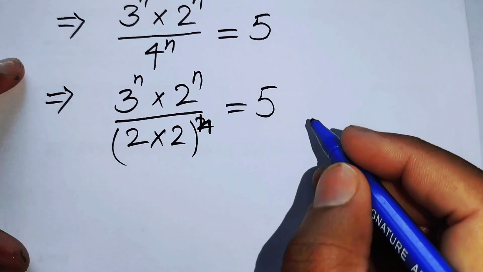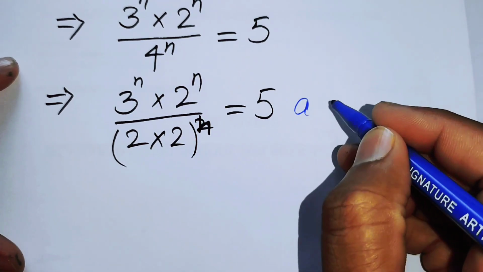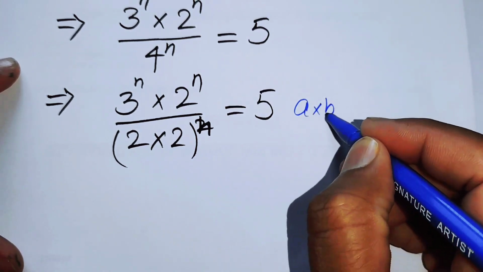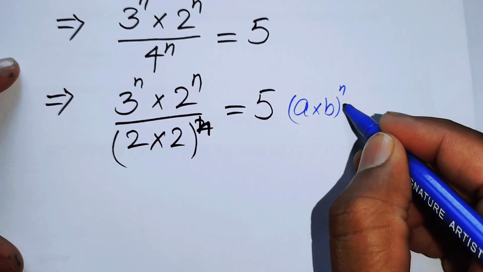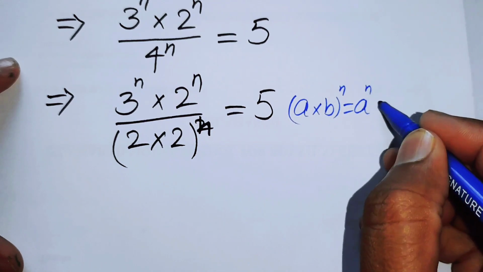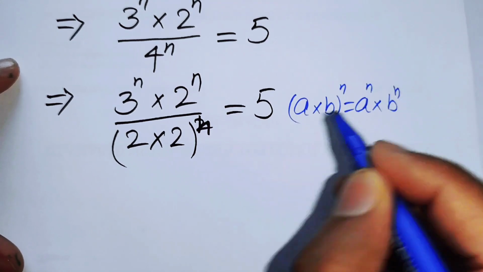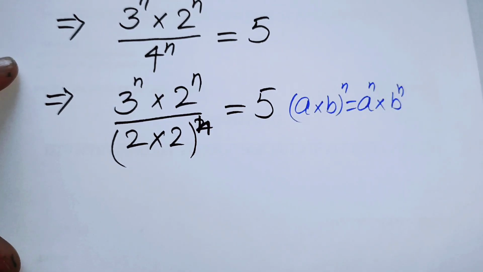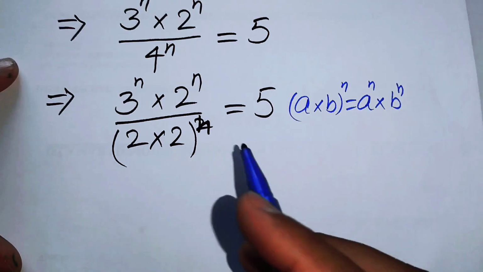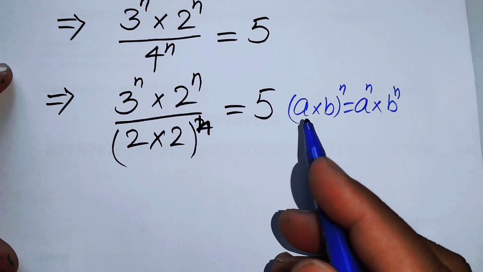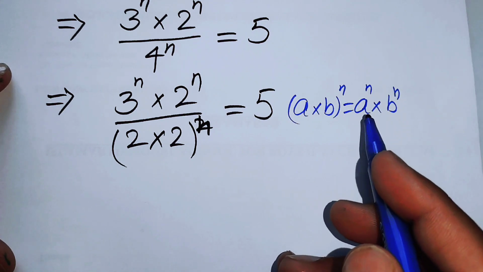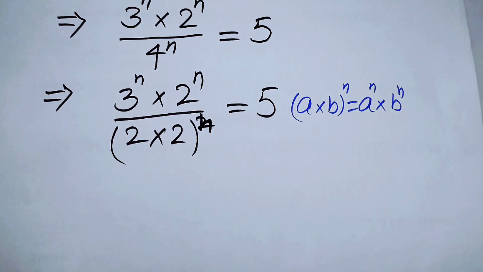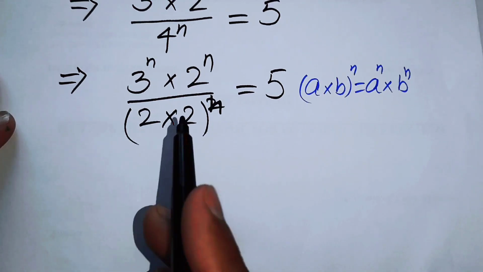If we have a times b to the power of n, it is equal to a to the power of n times b to the power of n. It means that when you have the exponent over the product of two terms, we will separate these two terms, so that now we can apply this exponential law in the denominator term.